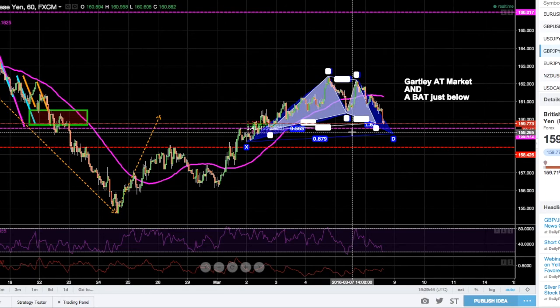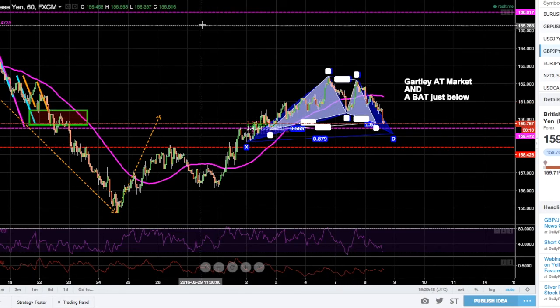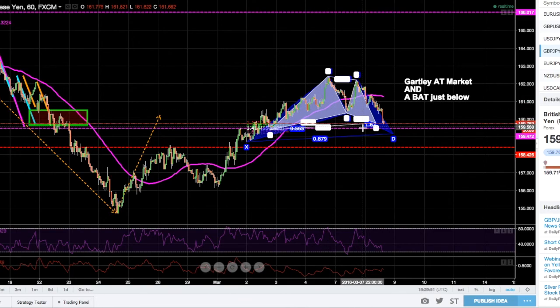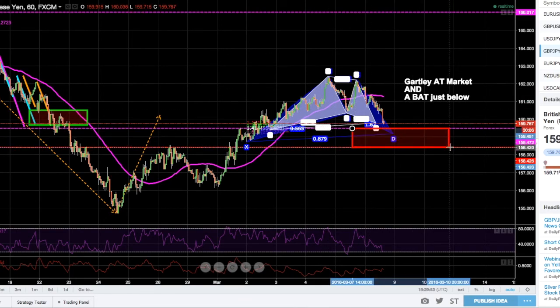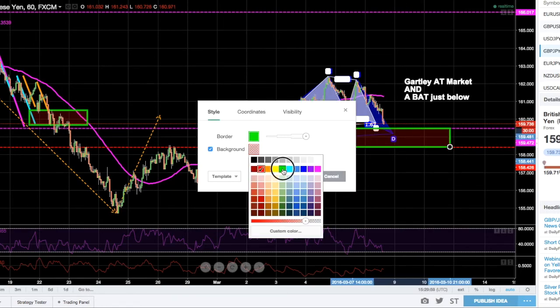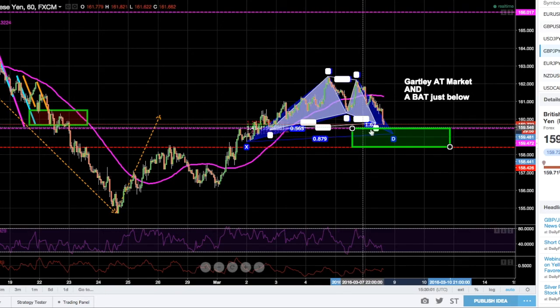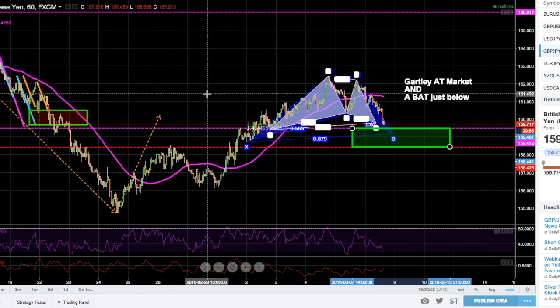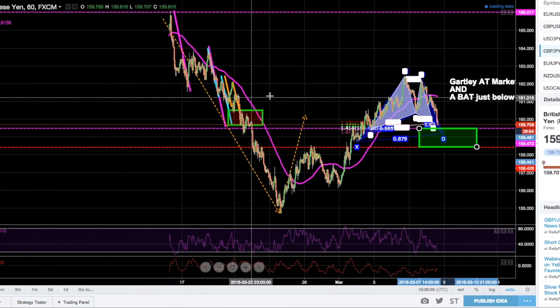I'm waiting for the bat to complete. This is a nice structure level right here. So that's my thoughts on the pound yen.